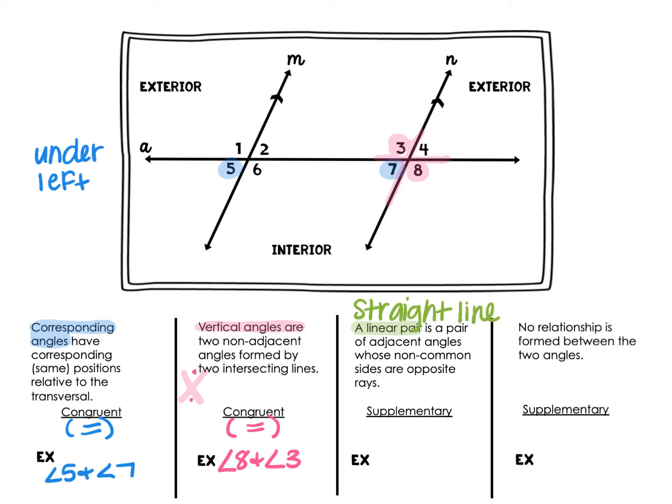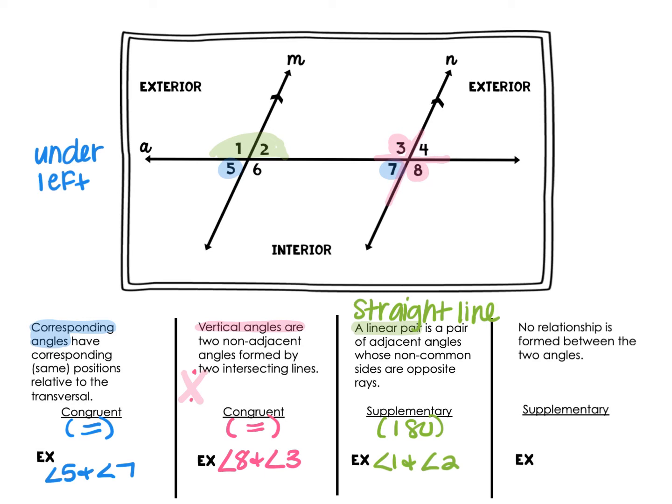So when I'm looking for a linear pair, I want two angles that match up and create a straight line. So if I look at angle 1 and angle 2, those come together to make a straight line. And I know that a straight line is 180 degrees, which means that they're supplementary. So those two angles added together would equal 180 degrees.